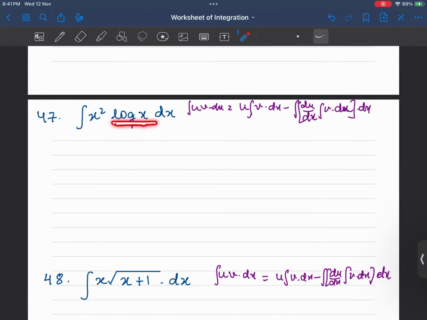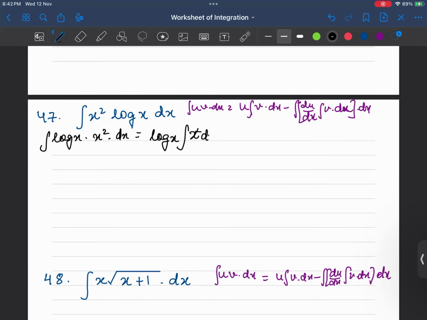Here log would be the first function and x square the second. So it is log x into integration of x squared dx, minus integration of the bracket: d by dx of the first function, which is log x, multiplied by integration of the second function, which is x square dx, bracket close, and then dx.